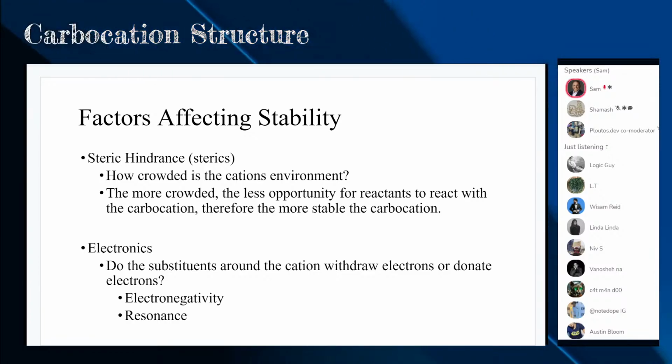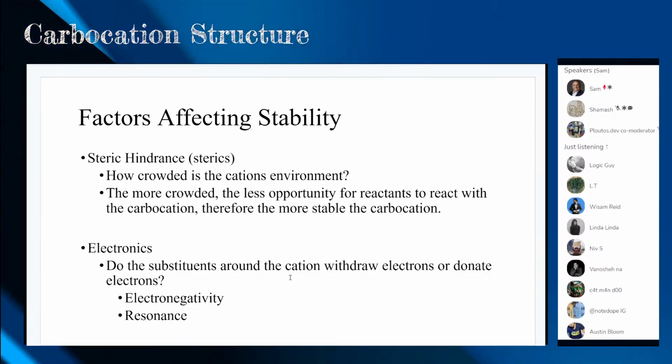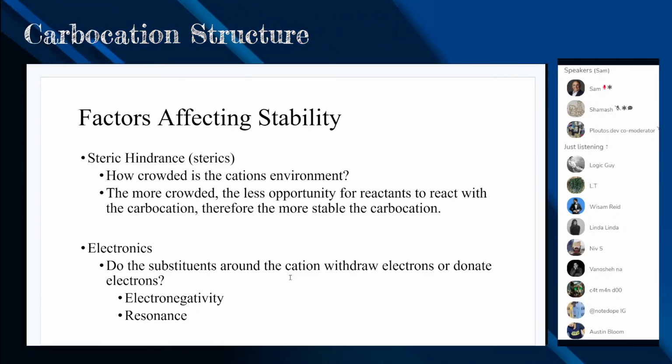Electronics here doesn't mean that you have a stereo attached to it. It means where are the electrons? How can these electrons interact with other electrons in the system? And how can they interact with empty orbitals in the system?